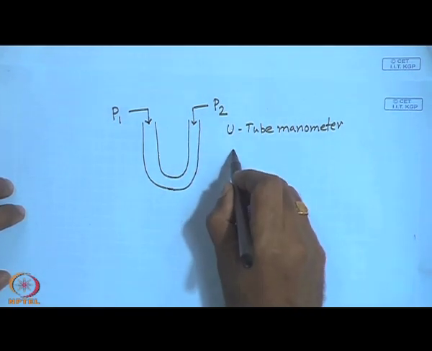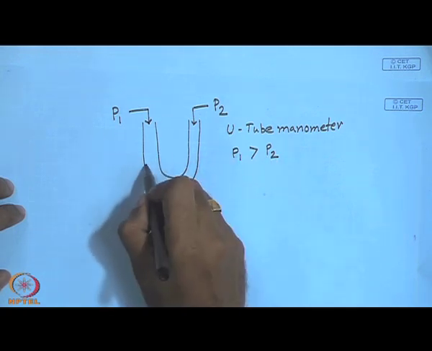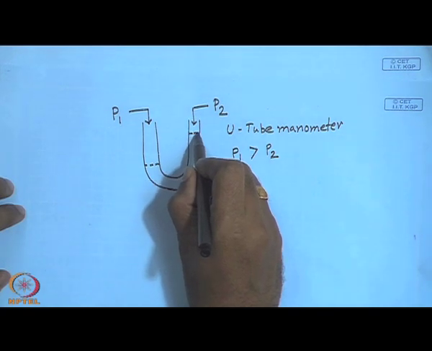We consider P1 to be greater than P2, and there is manometer liquid.